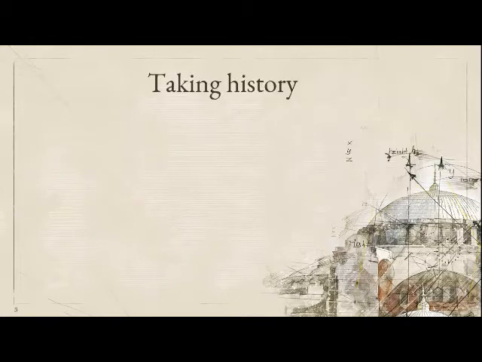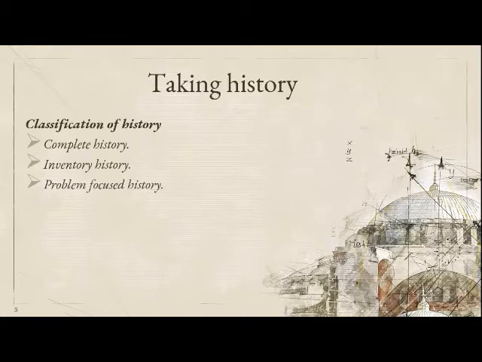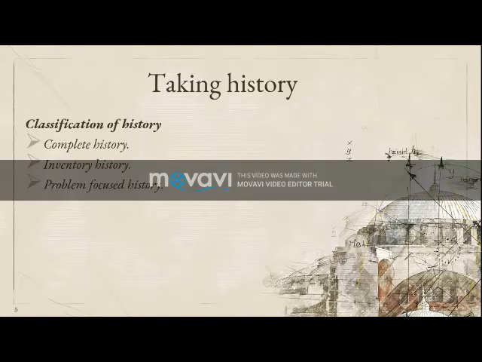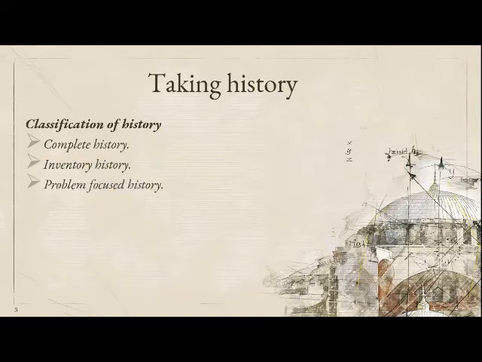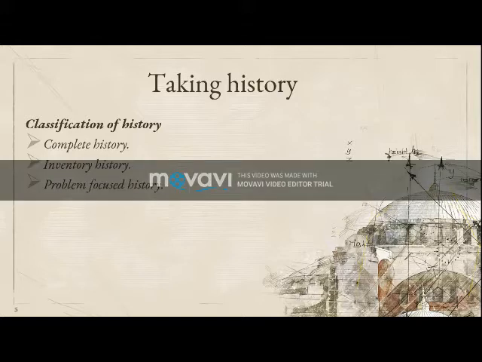In taking history, we'll see three types: complete history, inventory history and problem focused history. In complete history, we collect history at the first meeting. When the patient comes to the hospital, the nurse and patient jointly assess the health problems and take steps to solve them. In the first attempt only, you identify some problems and plan to solve them.